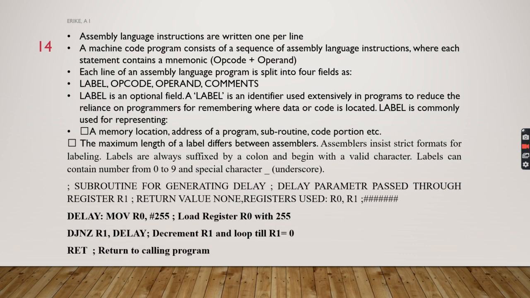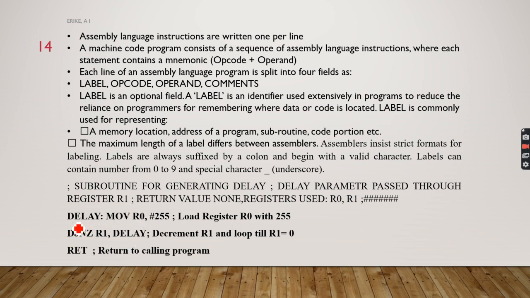Assembly language instructions, I think I've said, are written one per line. Now when you come down, assemblers insist on strict formats for labeling. Labels are always suffixed by a colon and begin with a valid character. When you write a label, next to the label you are going to have a colon.